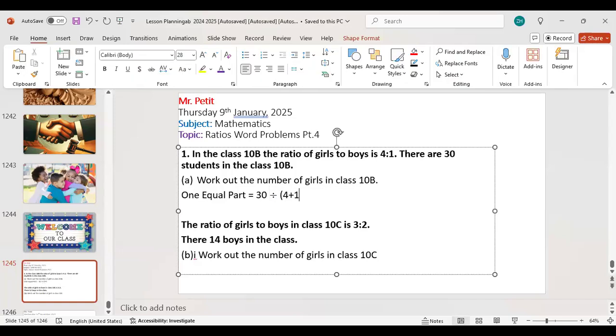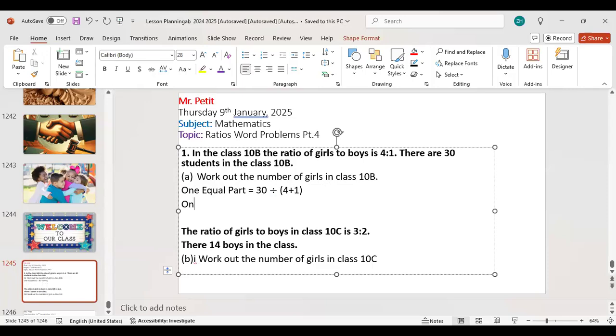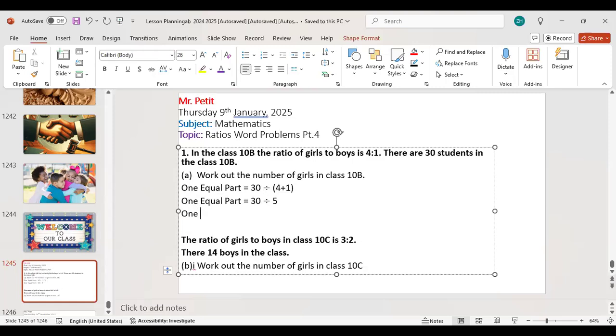So one equal part is equal to 30 divided by 5. And so one equal part is 6.